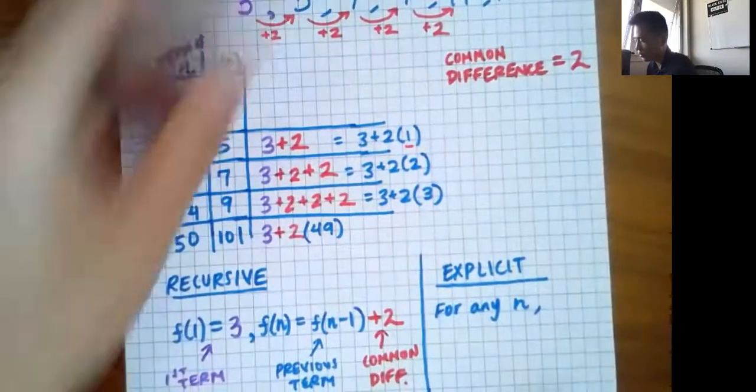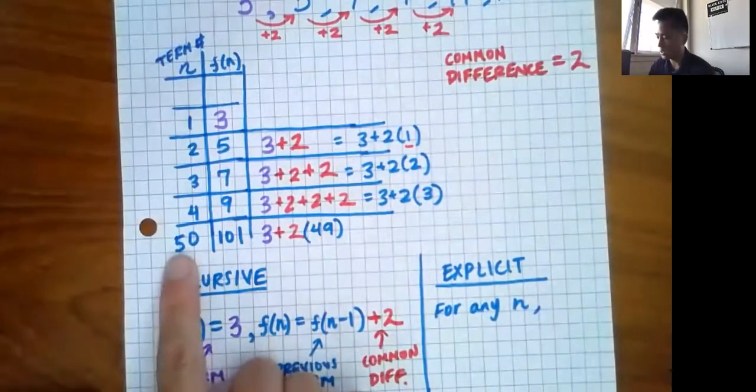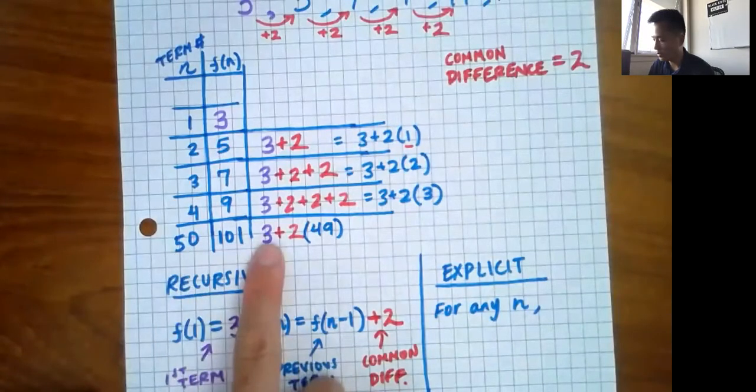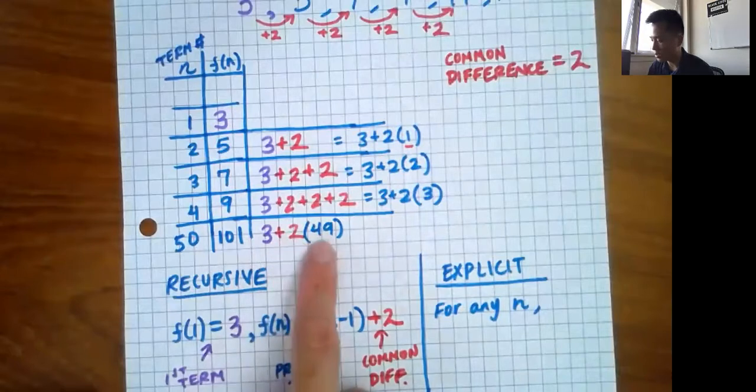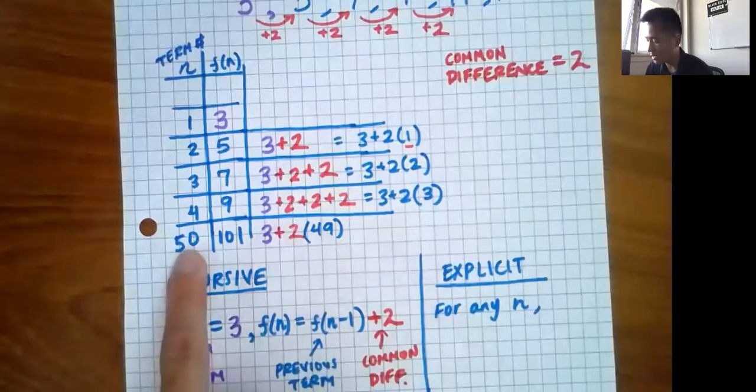And for this, it's helpful to look at our example right here, right? To figure out what the 50th term was. Well, we took the first term and we added the common difference a certain number of times. And the number of times that we added the common difference is 1 less than whatever that term number is.